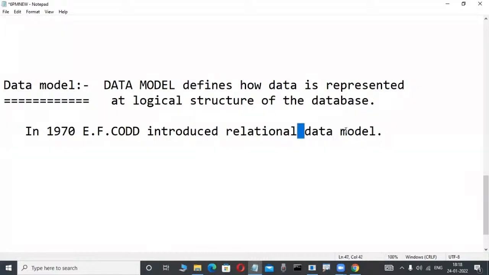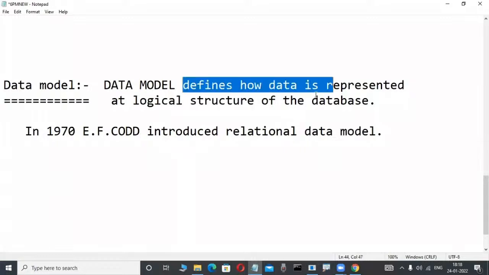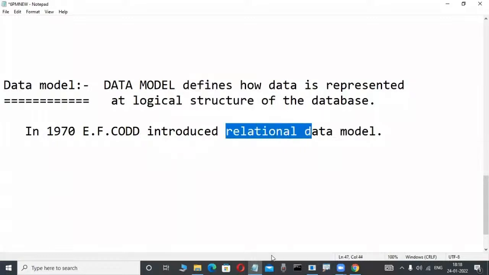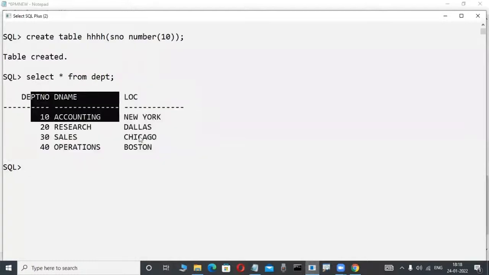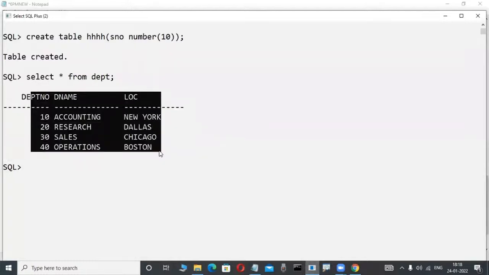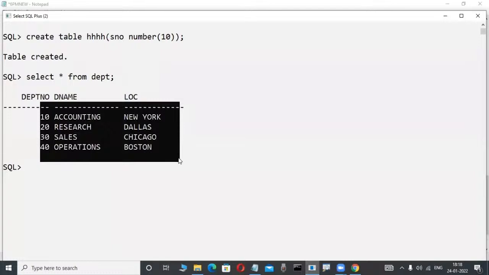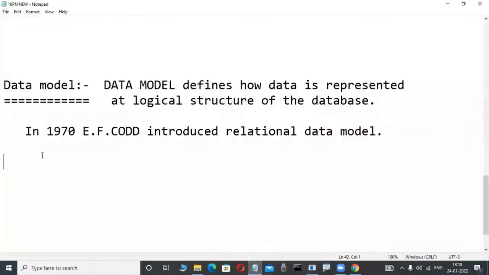Relational data model means what? How is data represented in a logical structure? This is a logical structure, not visible in the operating system. In this logical structure, data is represented in the format of rows and columns. That is nothing but two-dimensional tables.